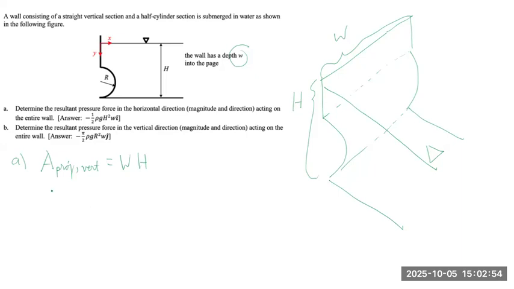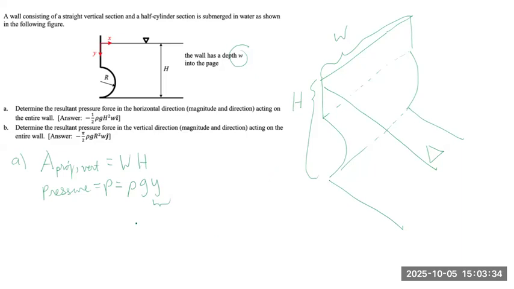We will have that pressure P equals rho, which is the density of water, times g times Y, which is basically the depth of the water. The pressure acts at the centroid. So Y is going to be the centroid of the vertical projection of the area.